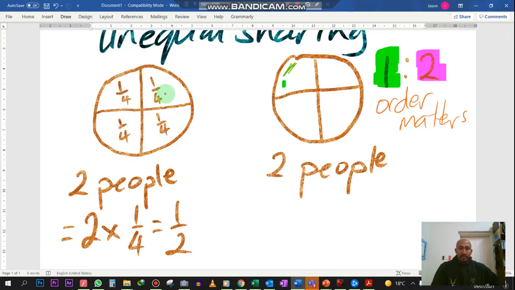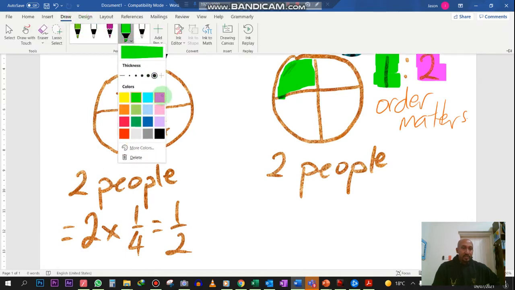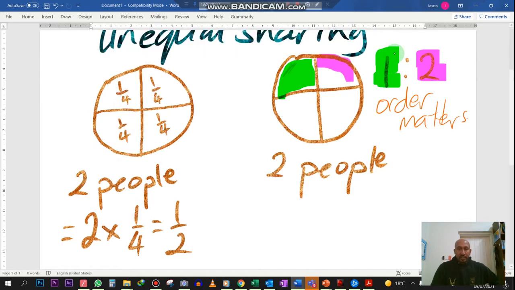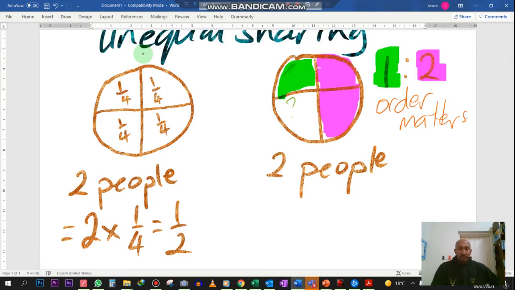The person in green would get this piece of pizza here, and the person in pink would get these 2 pieces here, because if green is getting 1 piece, that means when we share the next round, the next person needs to get 2 pieces. And you'll see that we now have 1 piece left over. And we can't share that out to anybody because we are sharing according to a given ratio.